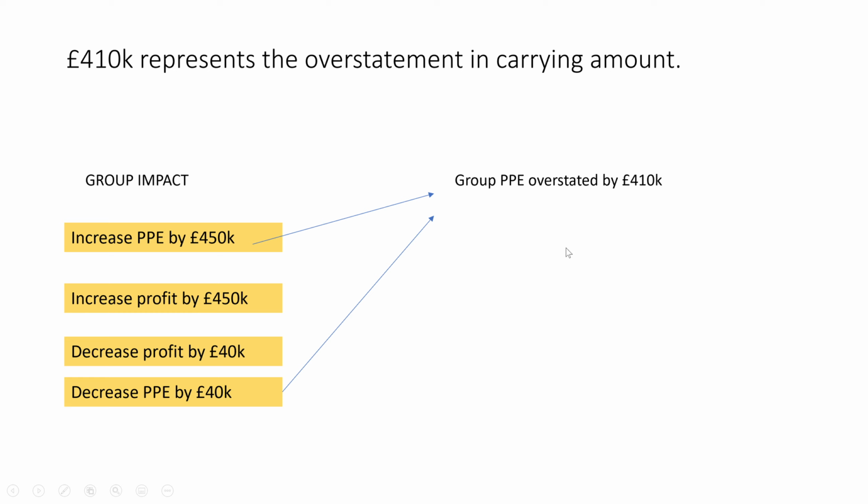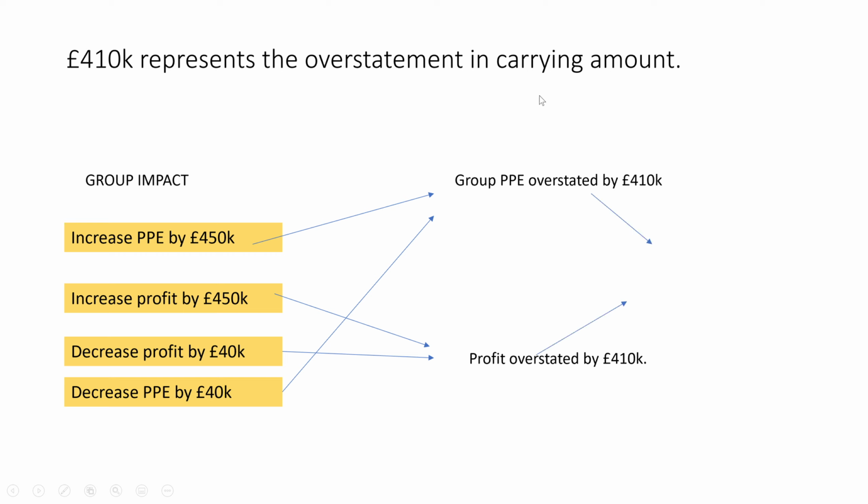So our group PPE is overstated by 410k. What about the profit figures? So similarly, we're increasing profit by 450, we're decreasing it by 40, so our profits are overstated by 410k. And the 410k represents the overstatement in the carrying amount of the PPE.